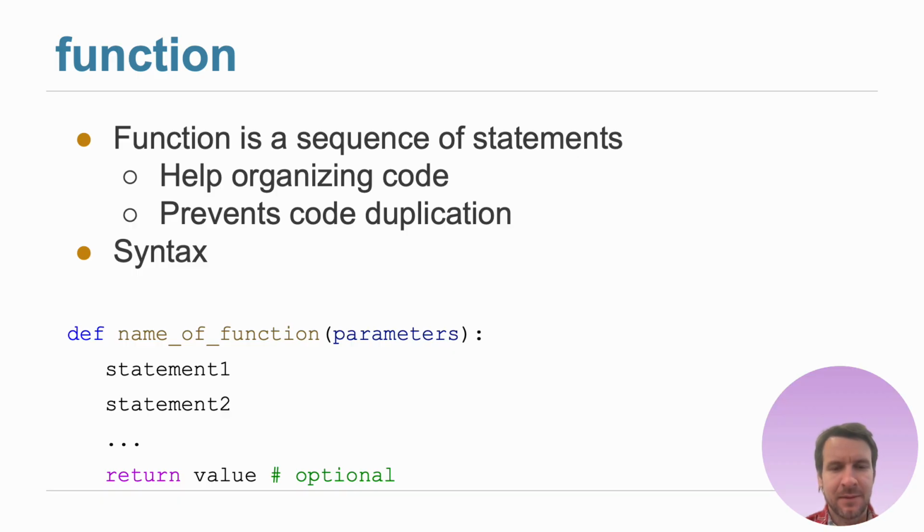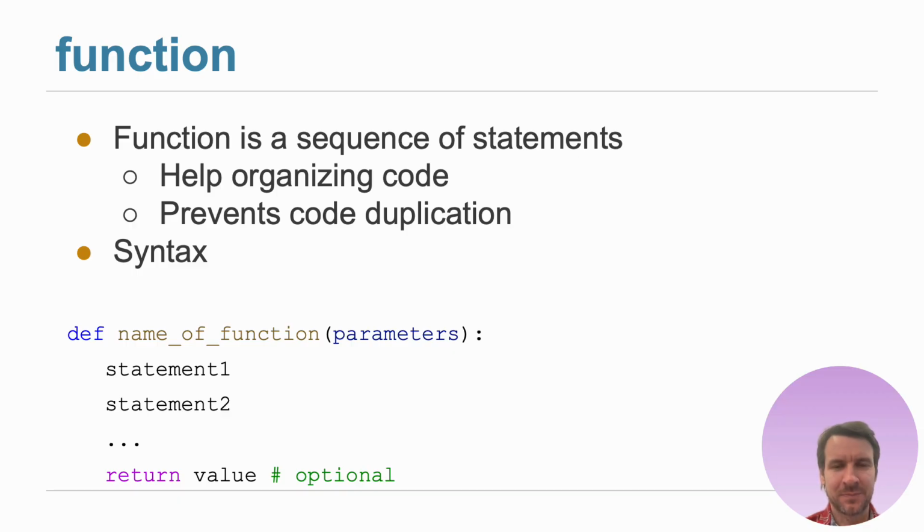And then you have to write the colon at the end of this, and then in an indented block you write statements, what the function should be doing, and you keep writing statements as long as you want. And if you want the function to return a value, you write return value. It's optional. Not all functions have to return a value. Right? If your function is just printing something, it may just print it and you don't have to worry about returning any value.